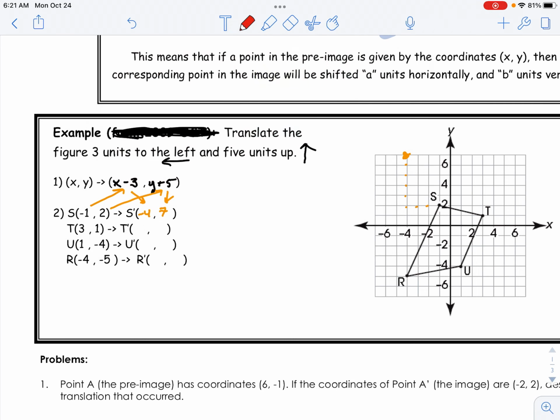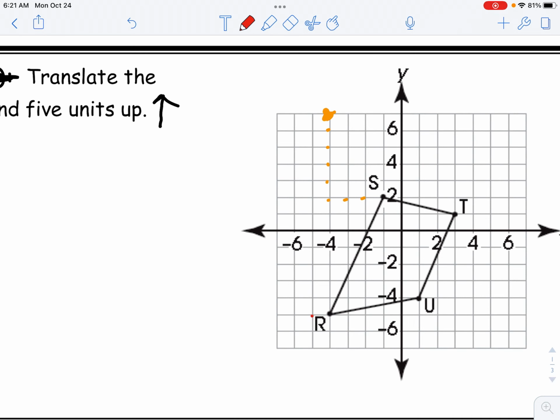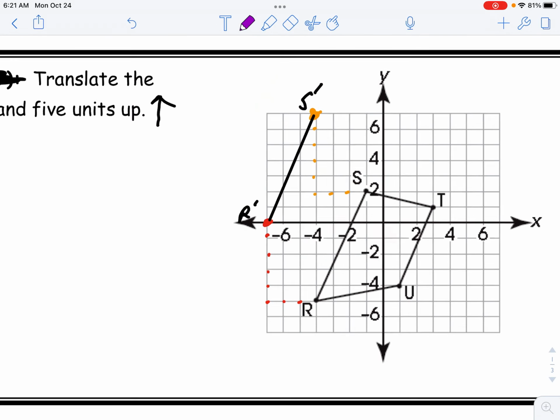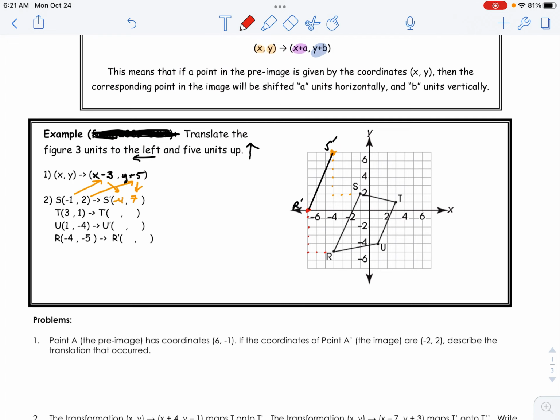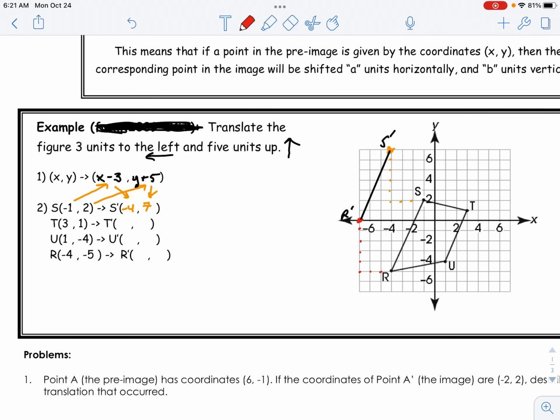All right, now we'll pick it up a little bit. I can also look at it this way and just look at R. 1, 2, 3, 1, 2, 3, 4, 5. All right, something I forgot to do as I was going is labeling my points. I have S prime, oops, R prime. All right, and while I'm here, let's see, R was at 0, -7.